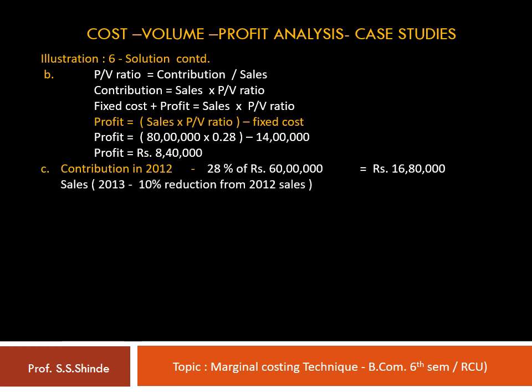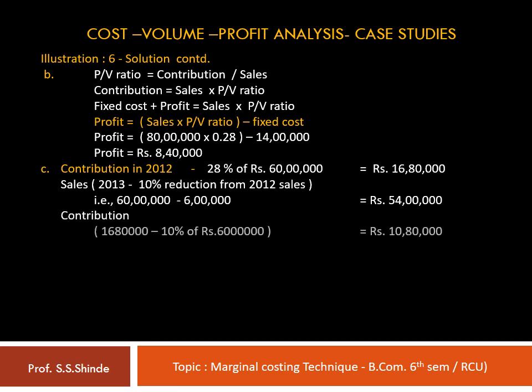Now the sales volume in 2013 after a 10% reduction from the 2012 sales works out to 54 lakh rupees, that is 60 lakhs minus 10% reduction 6 lakh, which is 54 lakhs. The contribution would be 16 lakh 80,000 as in 2012 with a reduction of 10%, that works out to 10 lakh 80,000 rupees.